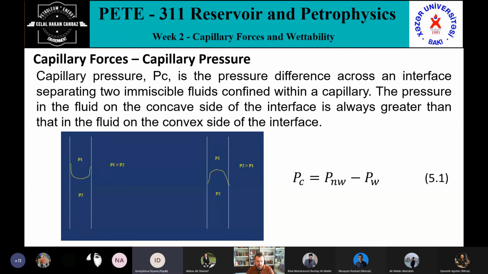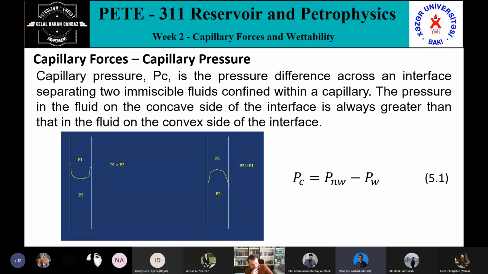That's Diana, teacher, and I think the second one is wettable because here the angle is smaller than 90. Okay, so P2 you say non-wetting or P1 non-wetting? P1 wetting and P2 non-wetting, I think. Okay. Any other idea?